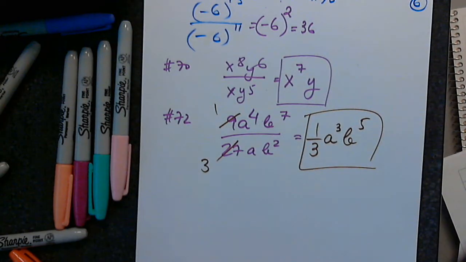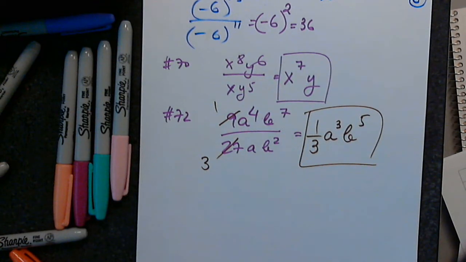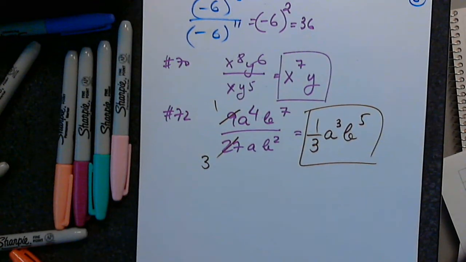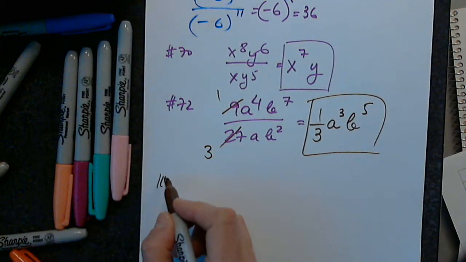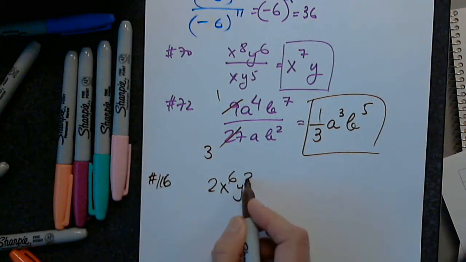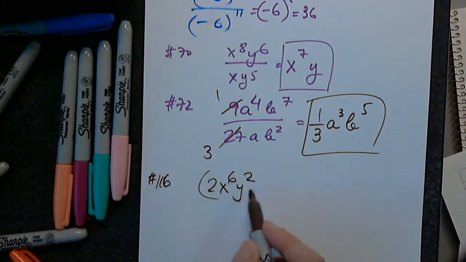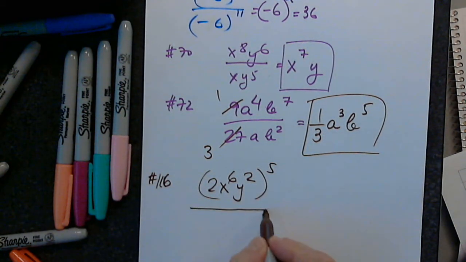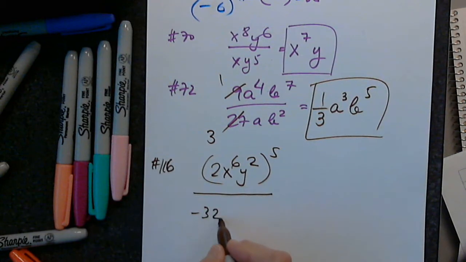Okay, I think one more, and then hopefully you agree with me that we can go on. If not, we'll choose more problems. Let's say 116. 2x to the 6th, y squared, everything in parentheses raised to power 5, over negative 32, x to the 20th, y to the 10th.